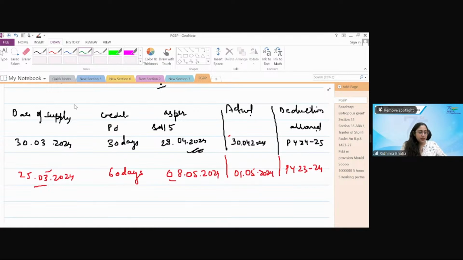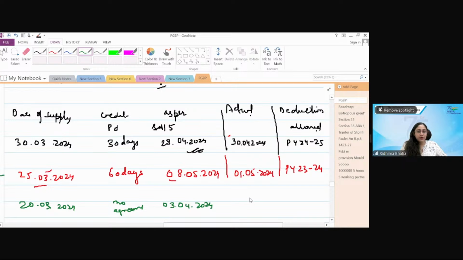Let's take the next example, okay? 20th March 2024. There is no contract, no agreement. So how many days are allowed, guys? 15 days. So this will come to 3rd April 2024.